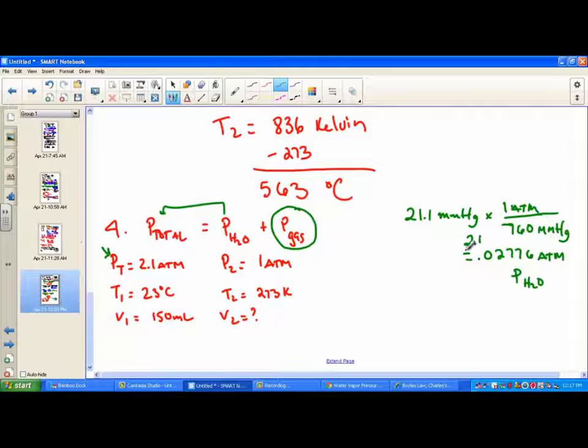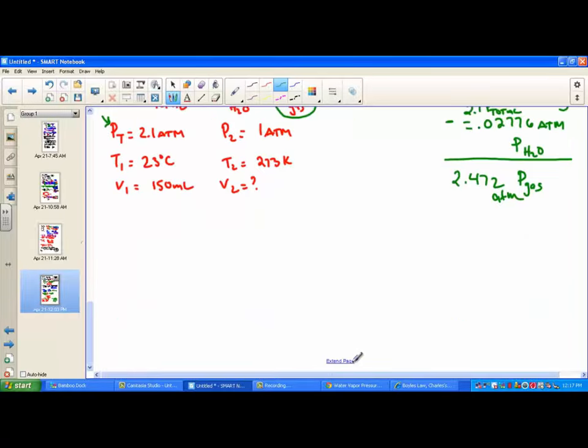P total of 2.1, subtract the value we just converted, minus the 0.02776, gives us the pressure of the dry gas. 2.5 minus my previous answer, and then I'm getting 2.472 atmospheres. I do a subtraction, now it's just a plug and chug into the combined gas law.